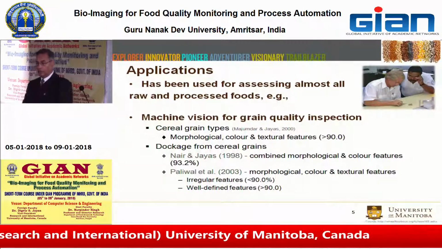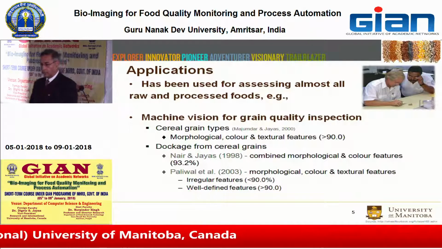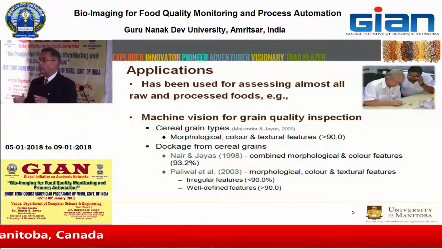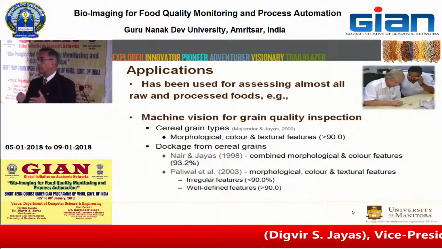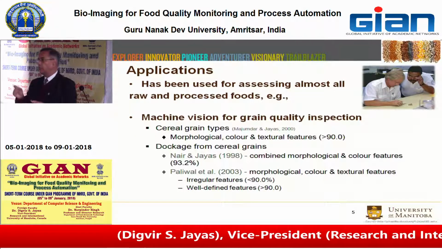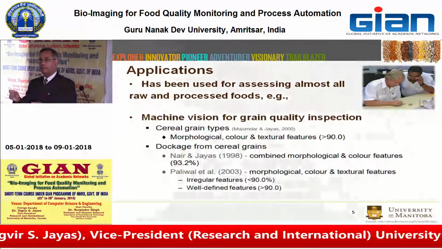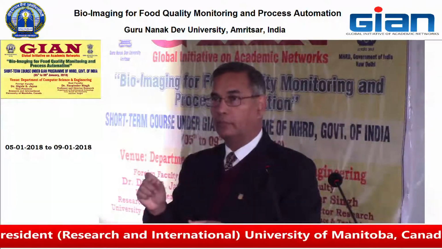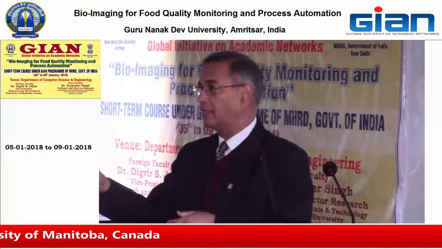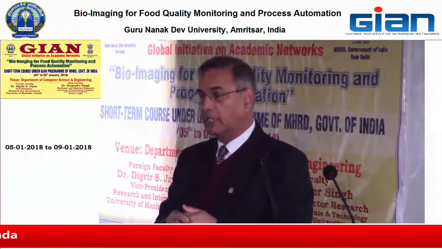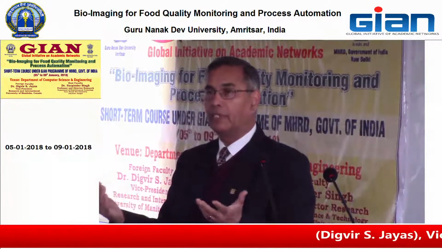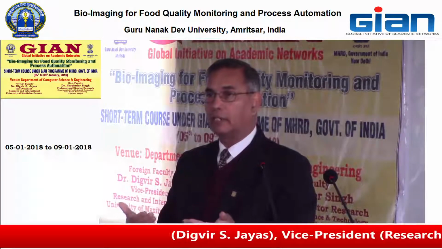The accuracies were less for the irregularly shaped dockage material. Irregular shapes could be, for example, wheat chaff, which could be very tiny in the grain sample or very large in size, and so the features become very difficult to characterize.